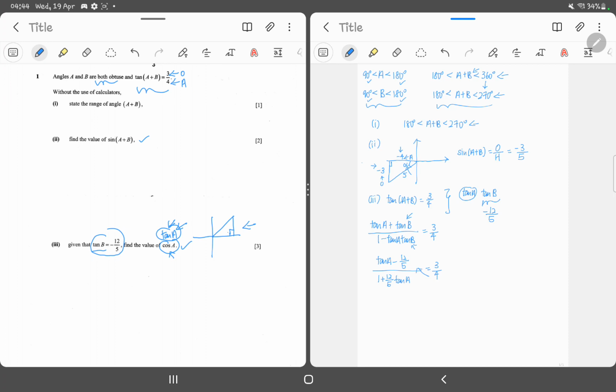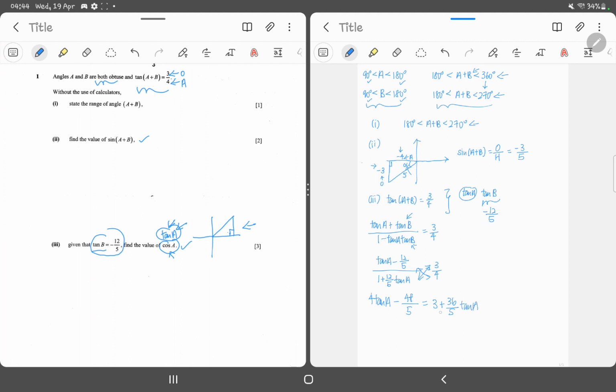So I'm going to cross multiply this 2 over here. Okay, so this is 4 tangent A minus 48 over 5. So this is equal to 3 plus 36 over 5 tangent A.